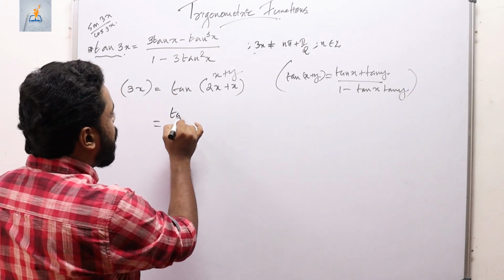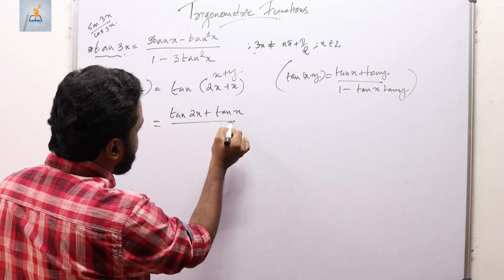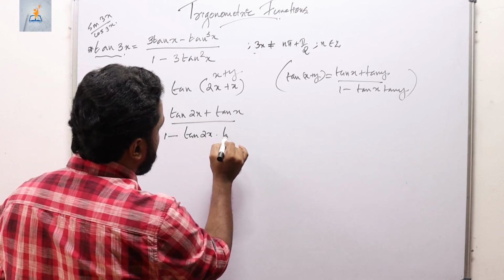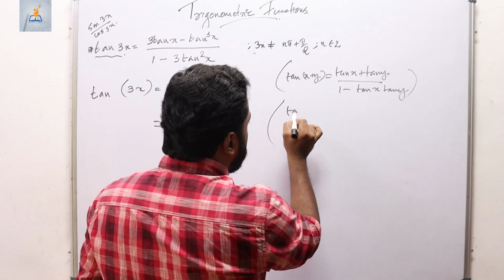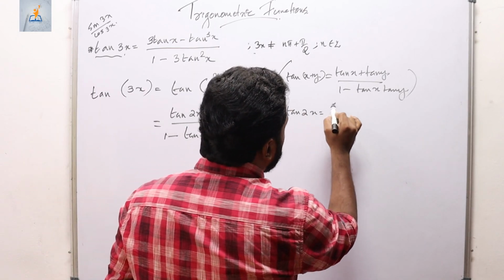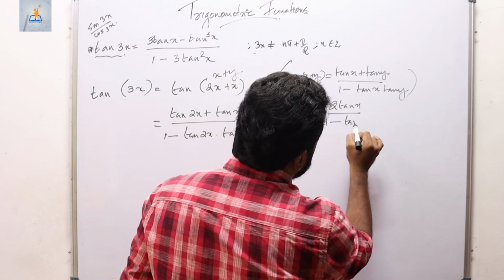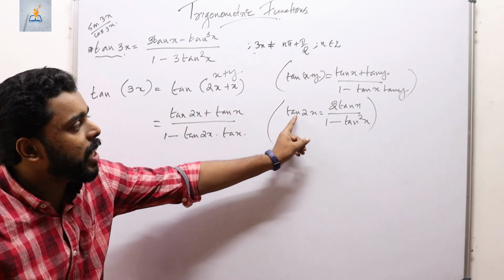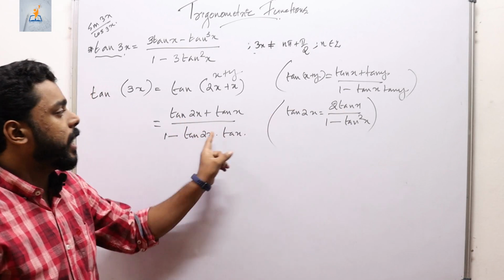It will become tan 2x plus tan x divided by 1 minus tan 2x tan x, isn't it? Again we know that tan 2x is equal to 2 tan x by 1 minus tan square x. We derived this also in the previous session. So we have tan 2x here, so I am going to substitute this value in this definition.